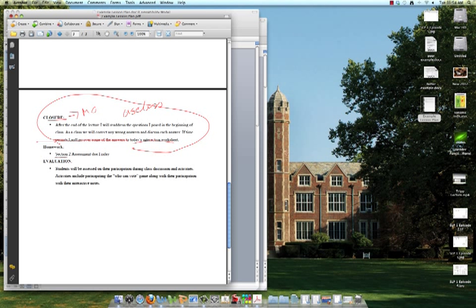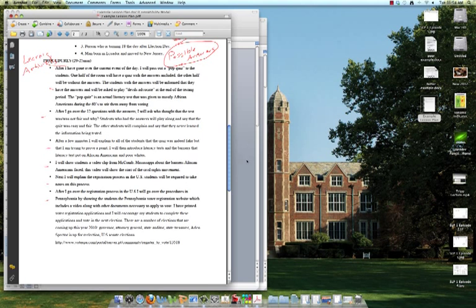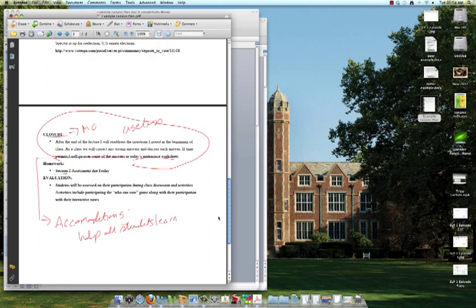But interestingly enough, what she doesn't have is any accommodations. I don't know how she's going to help all students learn here. So for example, maybe in this lesson plan she has them watch a video clip.